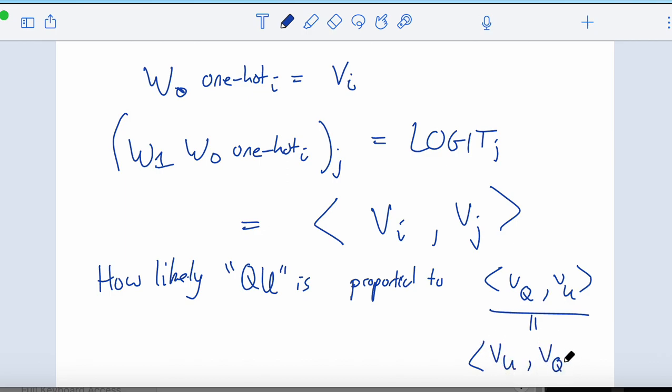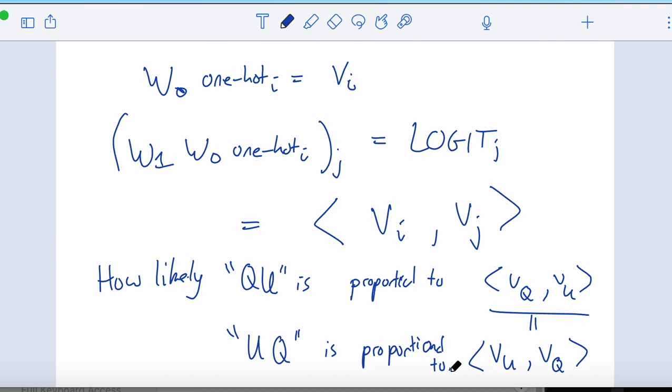So inner products have the property that if you switch the order of the vectors, it's the same value. And in our setup, QU and UQ are two different letter combinations. Okay, so QU is this one, and UQ is that one, but mathematically these are the same.